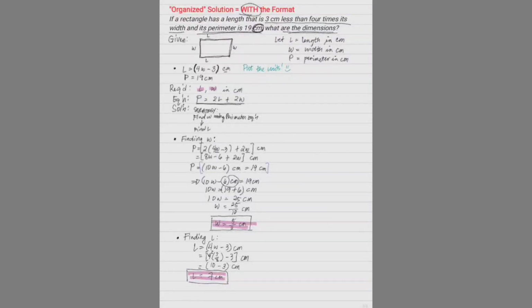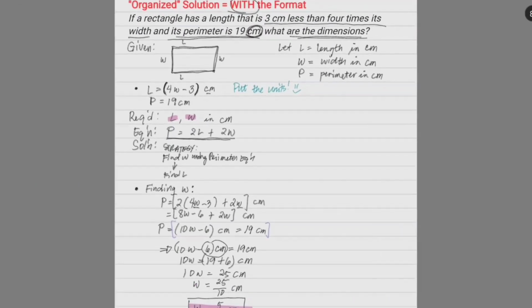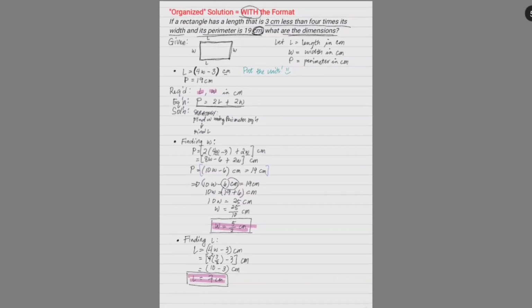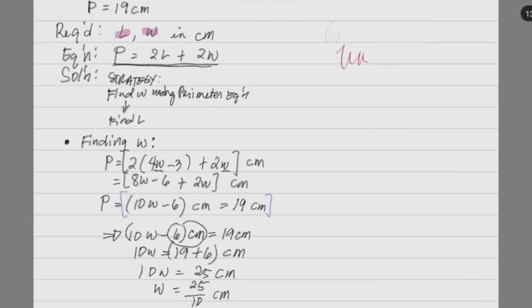Now, let's try to think like your teachers. If I were your teacher, there are parts of the solution that are already marked or have credit allotment or grade allotment scores. So for example, the given, can you see it?